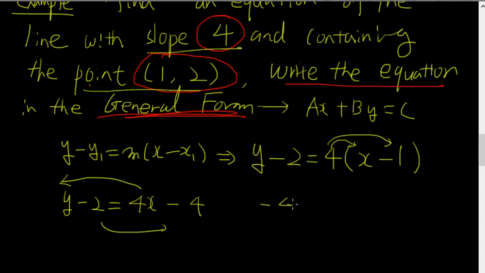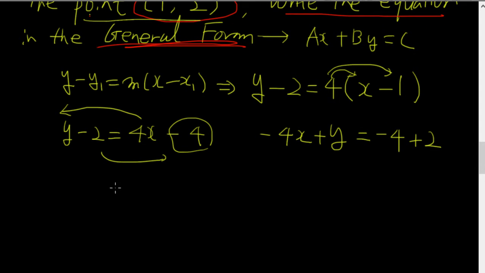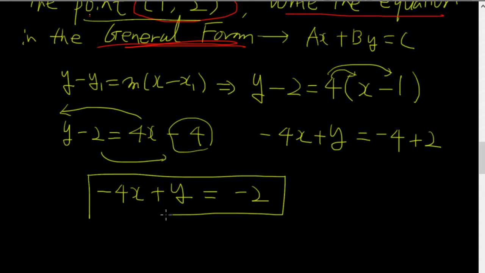So negative 4x, because when we move a term across the equal sign, the sign changes. This positive 4x becomes negative 4x, plus y, equals negative 4, and when we move this negative 2, it becomes positive 2. So our final answer should be negative 4x plus y equals negative 2. Just like that.